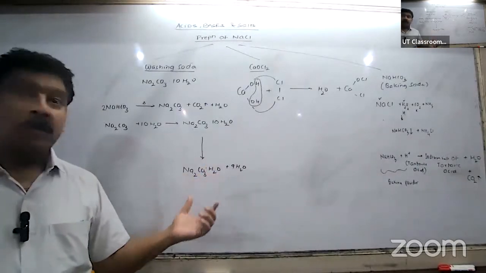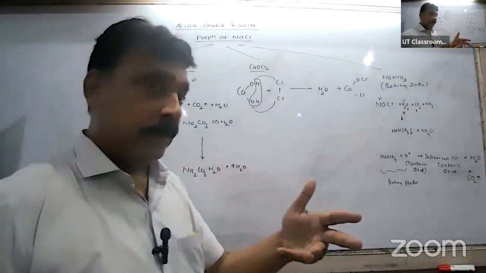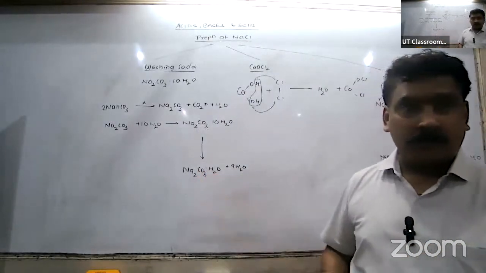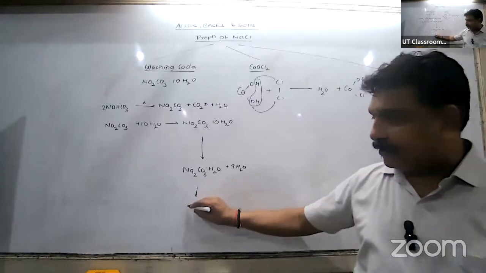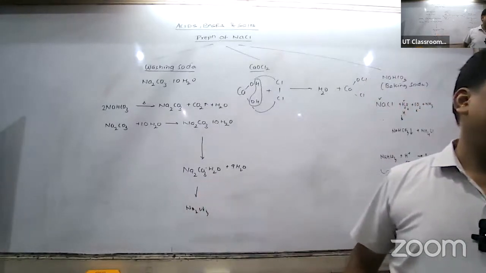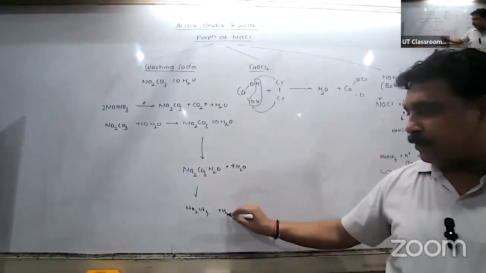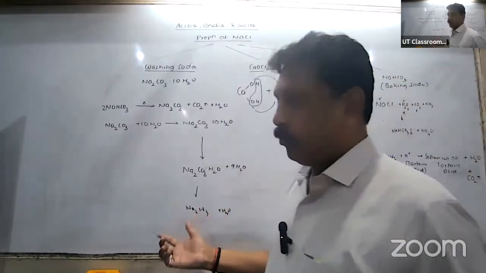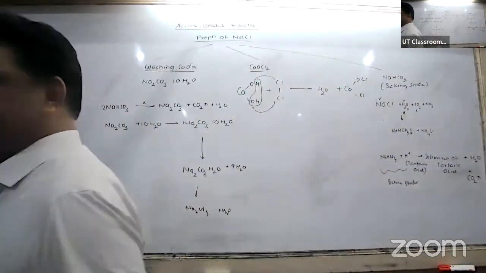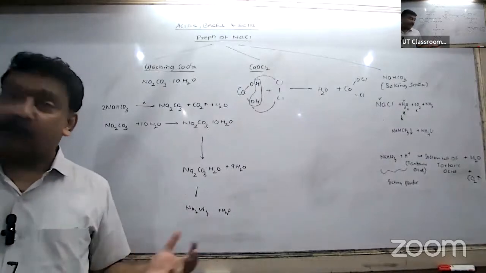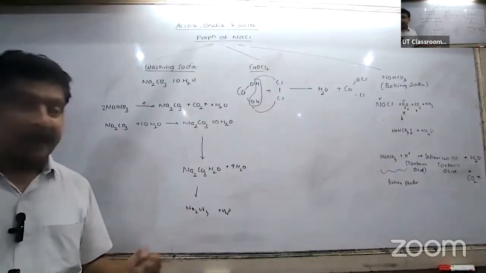And therefore in a grocer's shop, for example, it is being sold in the market as soda ash. If all the water molecules are removed, it becomes anhydrous sodium carbonate, which is called soda ash. तो सोडा एश के नाम से तुम ग्रोसरी शॉप में जाओगे, तो आपको मालूम पड़ेगा कि वहां पे सोडा एश packed container में है, and again it has got a tendency to absorb moisture also, depending upon how much moisture it can actually take.